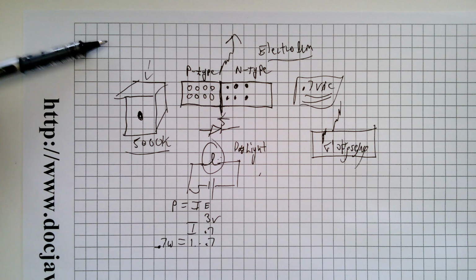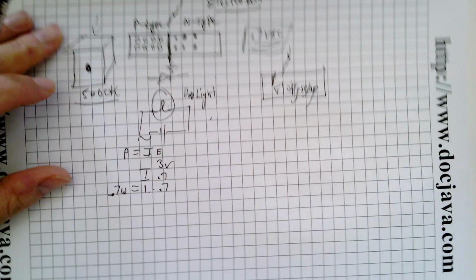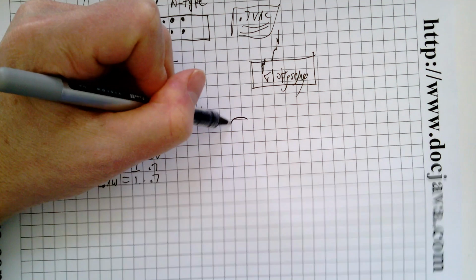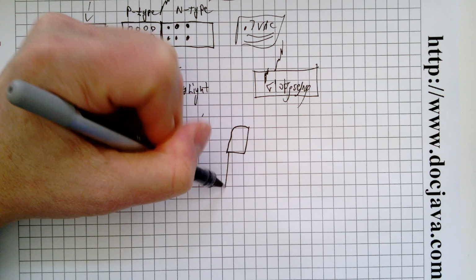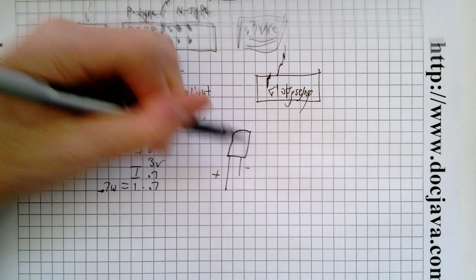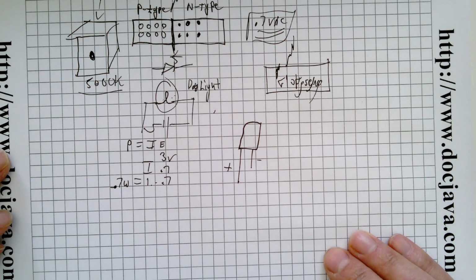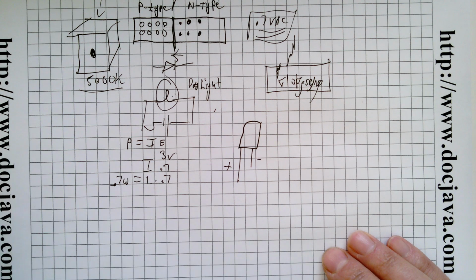So if you look at page 669, you'll actually see a description of all of this. And one of the things you'll notice is that these light-emitting diodes have long leads and short leads. And the long leads are the positive side, and the short leads are the negative side. And if you hook it up backwards, it doesn't work, and could even damage it.